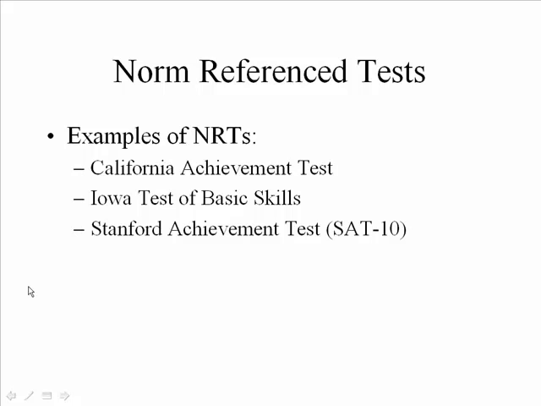And so, even though, for example, you might have Iowa Test of Basic Skills results, and while the primary results are reported as a percentile rank, the score report may actually provide information on the actual number of questions correct.